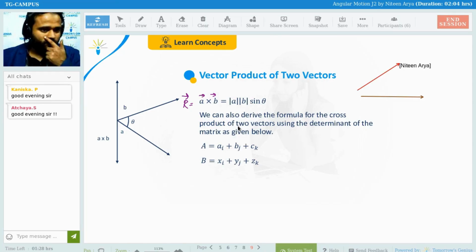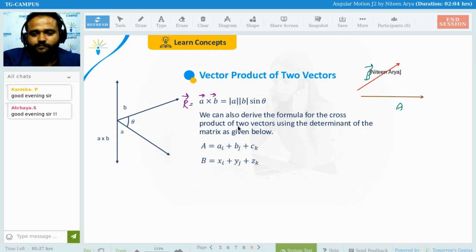Whenever you have a vector product, use your right hand thumb rule. What is the right hand thumb rule? Make your four fingers point in the direction of the first vector and rotate them into the direction of the second vector. The direction in which your thumb points is automatically the direction of the third vector. How can I explain this? Just give me a minute. Suppose there are two vectors A and B, right?